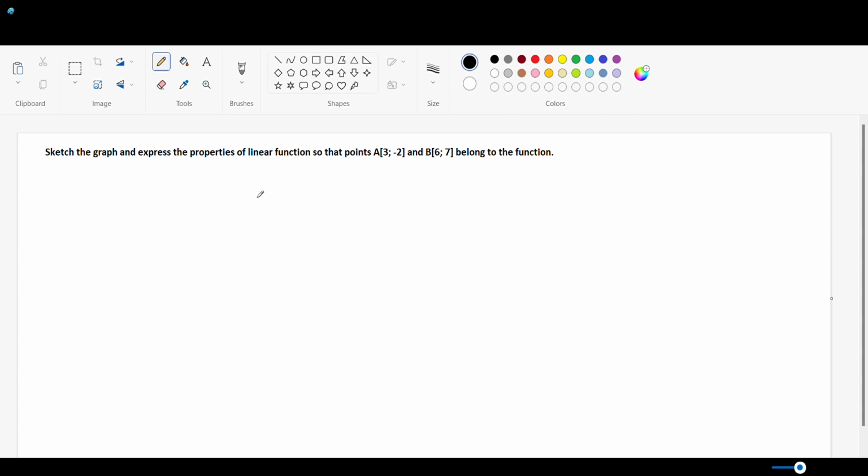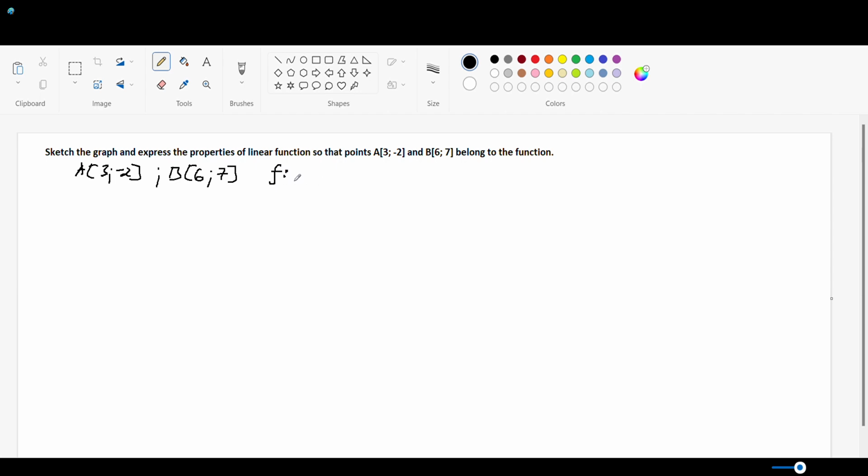So before we start, let me just write down that my point A has coordinates 3 and -2, and the second point, which belongs to the function, has coordinates 6 and 7. As we already know, these points should be on a linear function, and we know the general form or equation of how the linear function is defined.